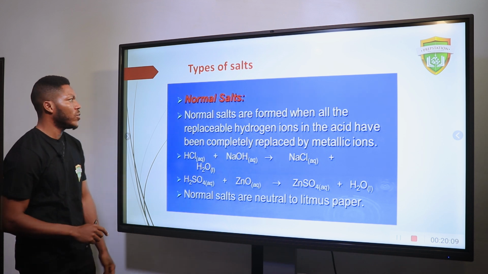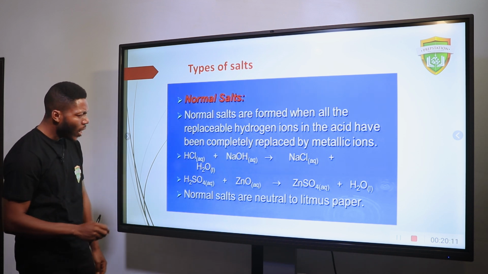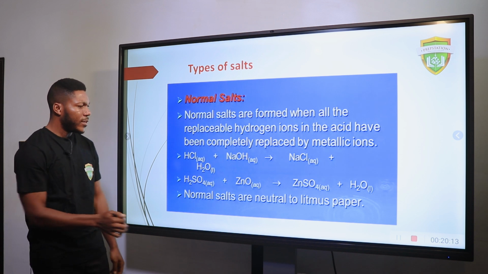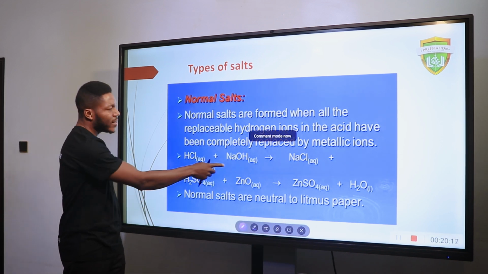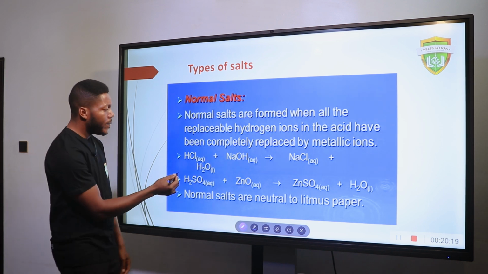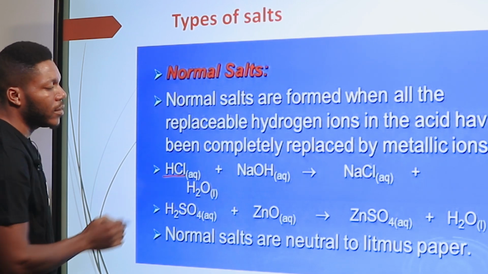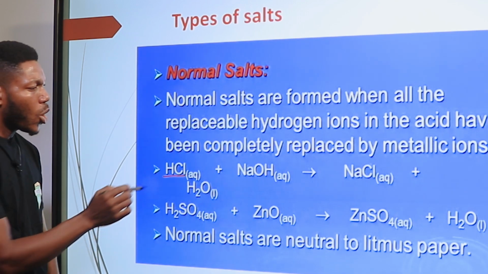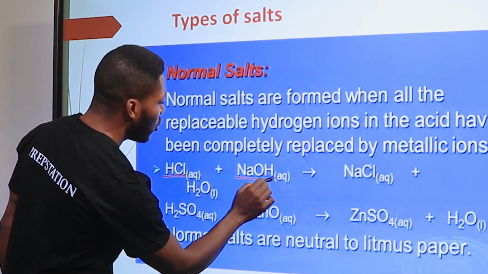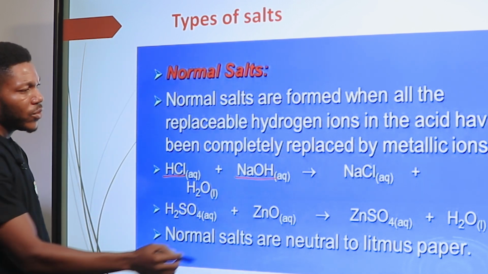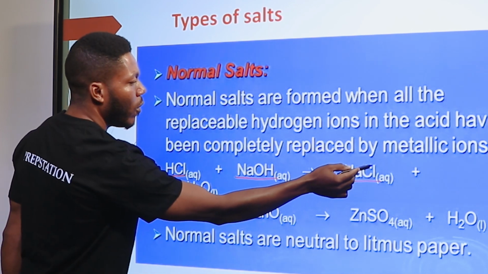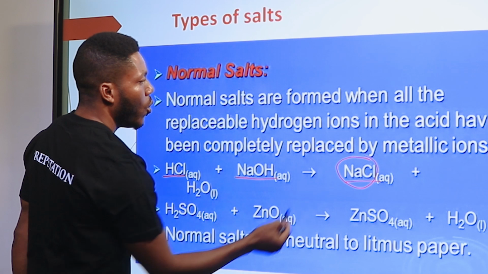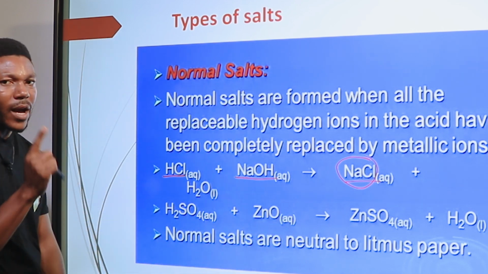Let's start from the first one, which is the normal salt. Normal salt is formed when there is a complete neutralization of an acid. For example, hydrochloric acid being completely neutralized by sodium hydroxide to give us sodium chloride. This is an example of a normal salt, where there is no presence of hydrogen ion.